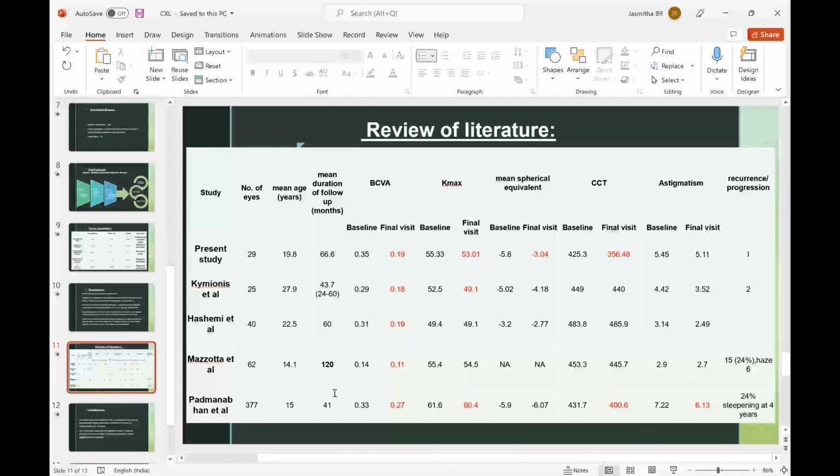And Padmanabhan et al., an Indian study, also showed improvement in BCVA, Kmax, and astigmatism. However, there's no improvement in mean spherical equivalent, with 24% of patients showing progression at the end of 4 years.